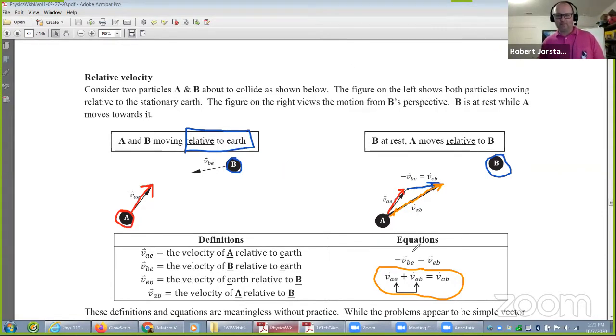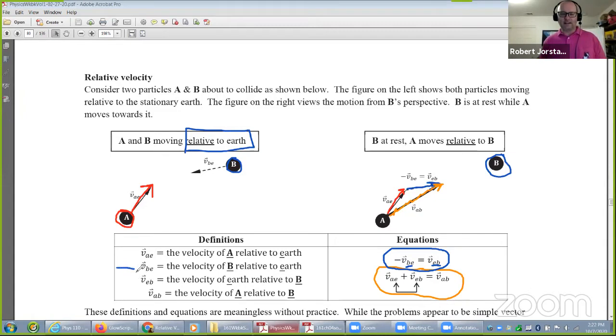Now, I do want to point out something very special here. And let me maybe put it here. Notice this little equation. If you switch the order of the subscripts, that introduces a minus sign. For all the other problems in this chapter, we've been using V2 final in the X or VX final for number 2. And we didn't really care about the order of the subscripts. When we are talking about relative velocity, things matter.